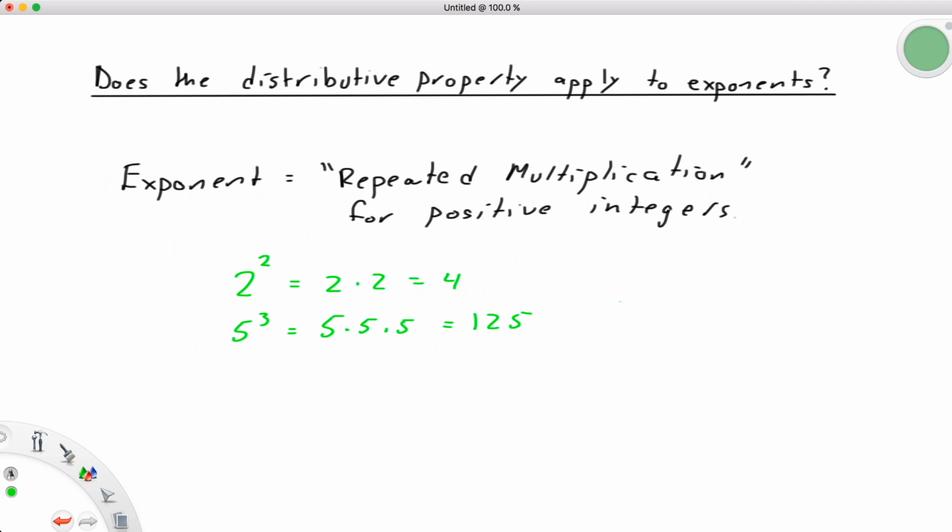When we say repeated multiplication, the number in the exponent is telling us how many times we need to multiply the base. We have two 2s, we have three 5s. We can even do this with variables. x to the 5th represents x times x times x times x times x. This is 5 times.